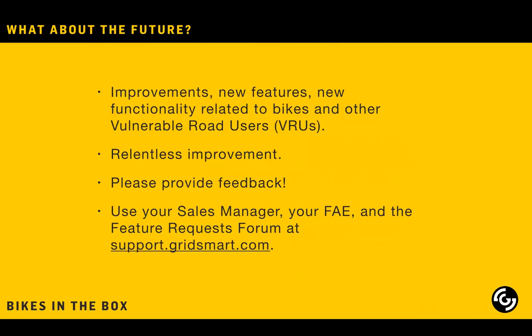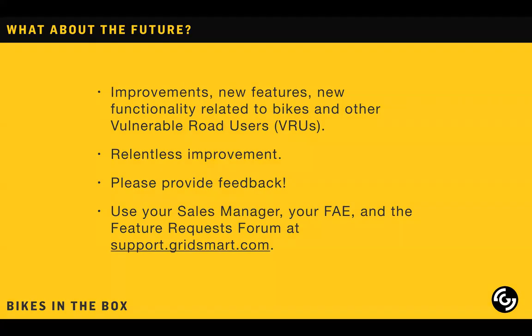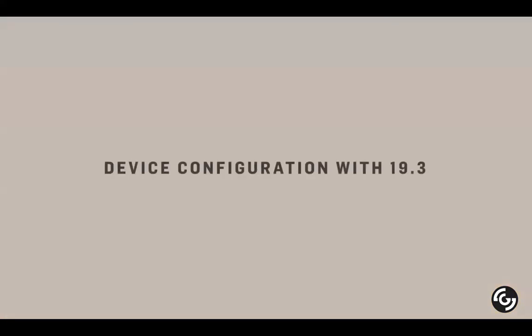With that, I want to shift gears just a little bit to wrap up today. I'm not going to get too deep into it. There's going to be a future webinar that goes a little bit deeper, but we've changed a little bit about how you configure a GS2 with 19.3. And specifically, I'm going to refer to this as device configuration.